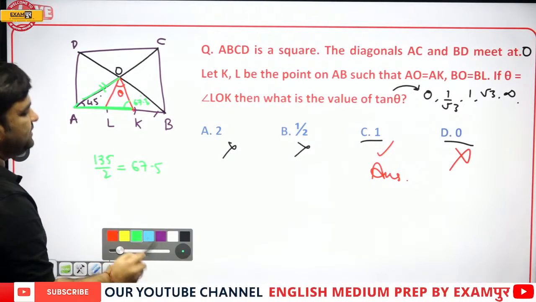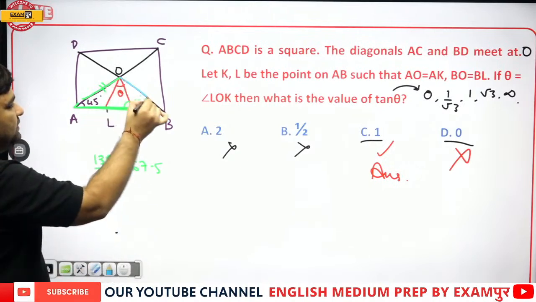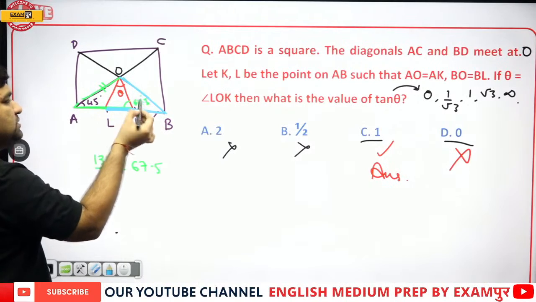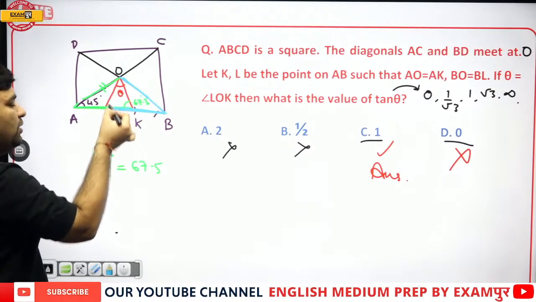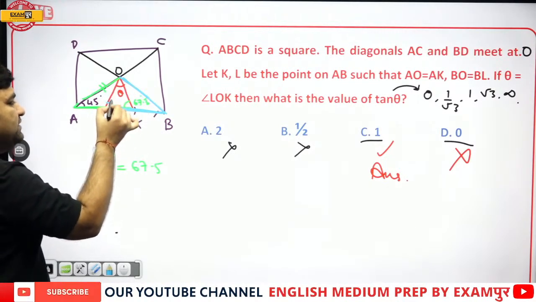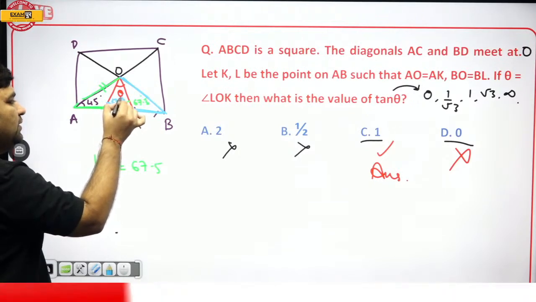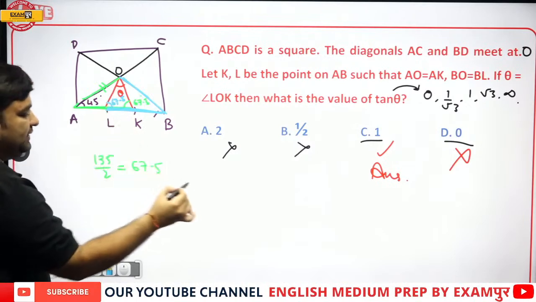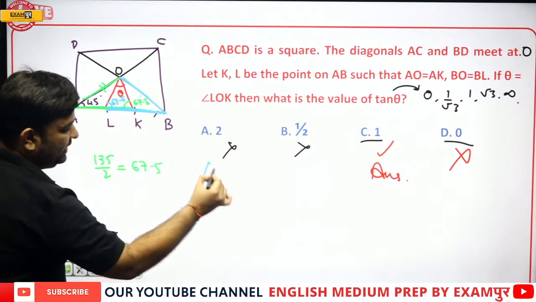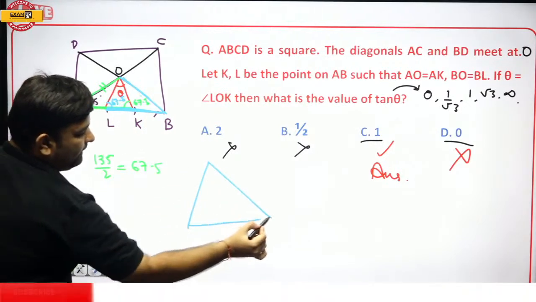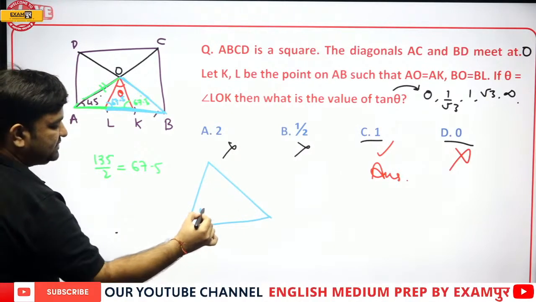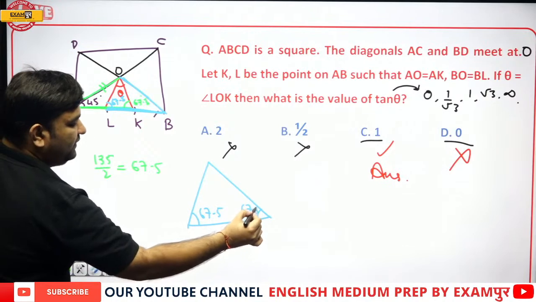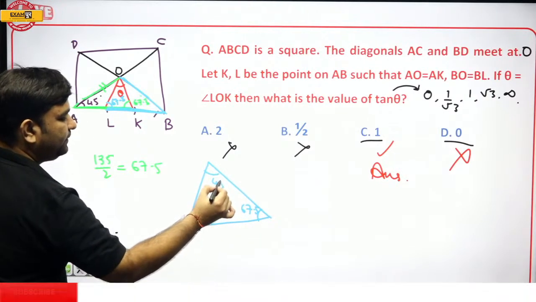Similarly, these two sides are equal as well, so again these two angles would be equal. If this is 67.5, this is also 67.5. Total is 135. So the remaining theta is 45.